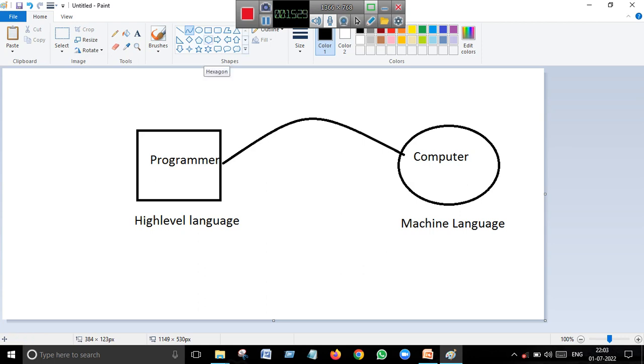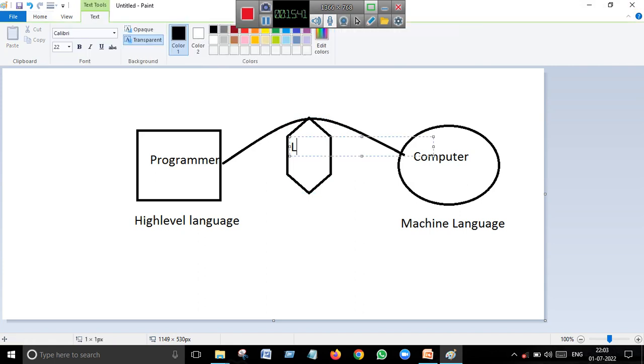So it requires some special program, which is called a language translator.